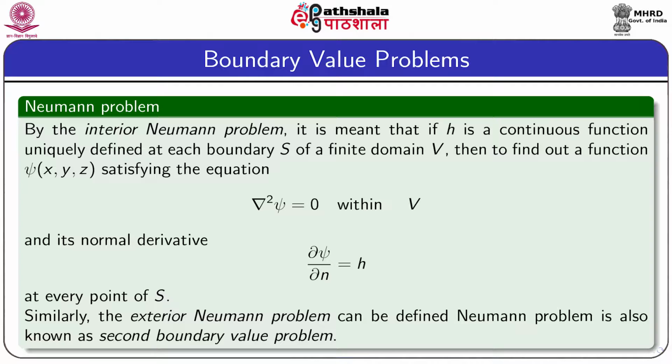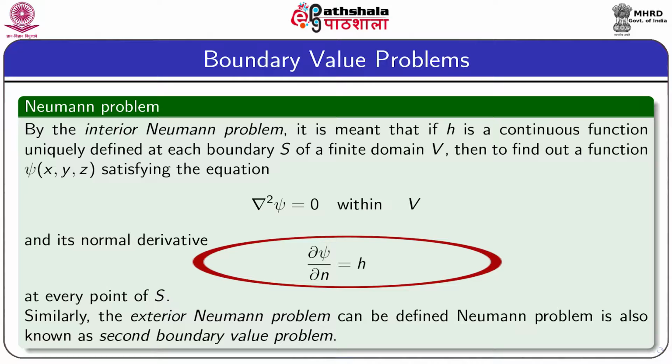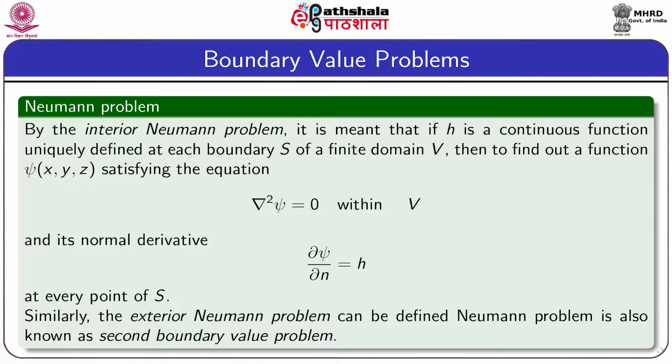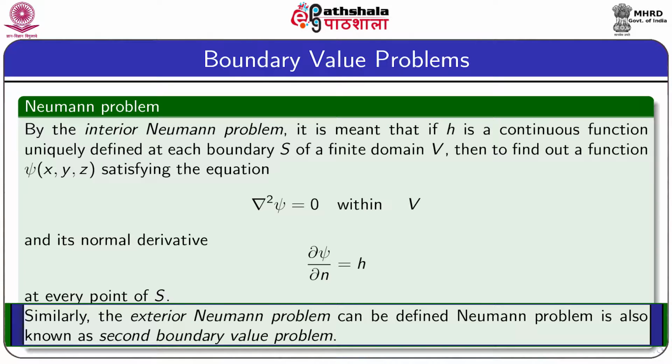Now I am going to discuss the Neumann problem. In the Neumann problem, the function psi will satisfy the Laplace equation grad square psi equals 0 within V if it is an interior Neumann problem, and its normal derivative del psi del n equals some function h at every point on the boundary of V, that is on S. Similarly, we can define the exterior Neumann problem.